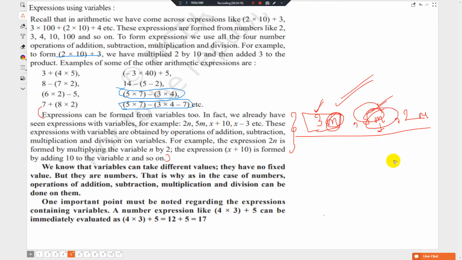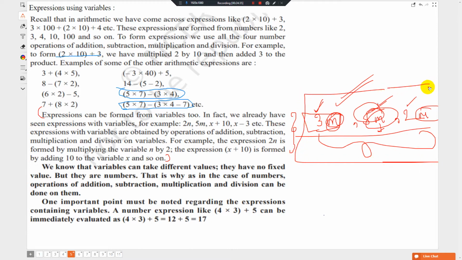So we can't solve them, because if we don't know the value of one alphabet, we can't.